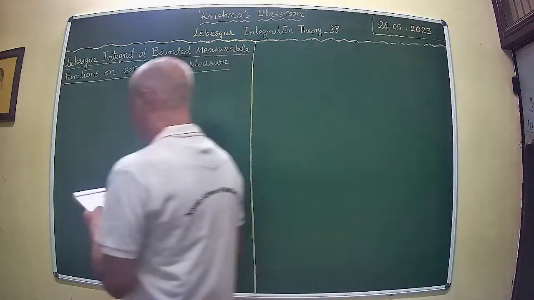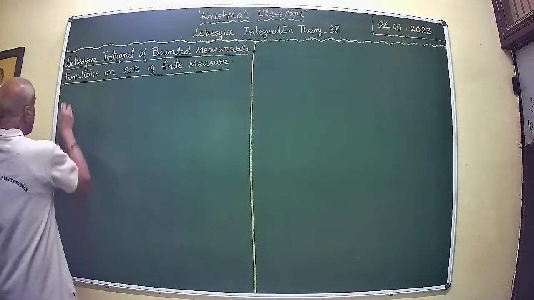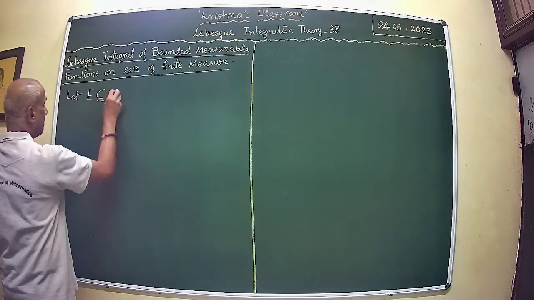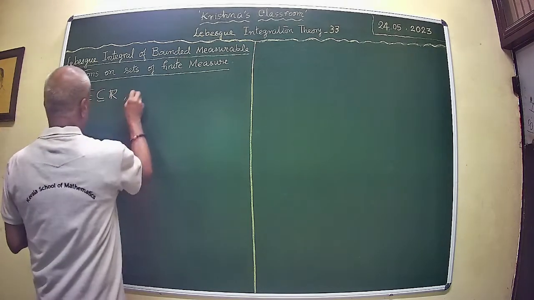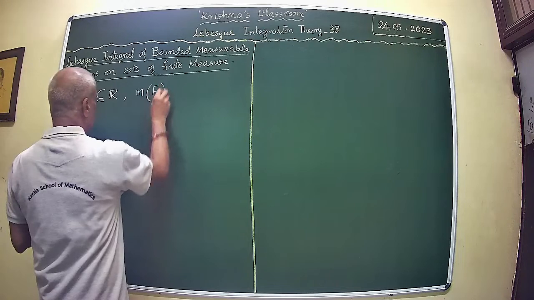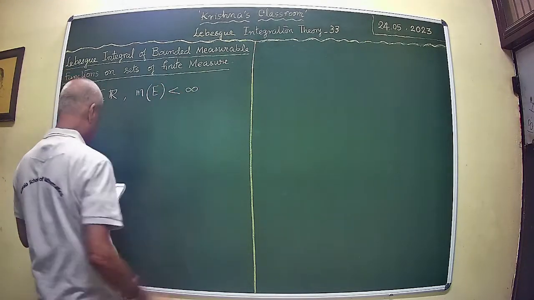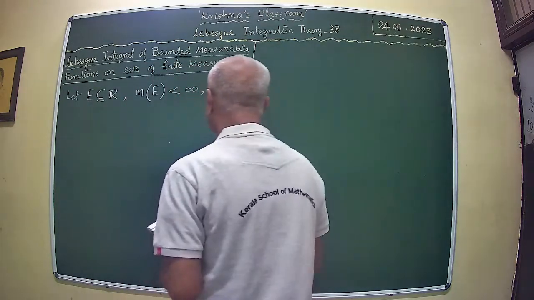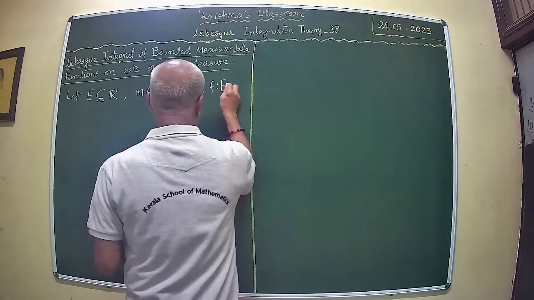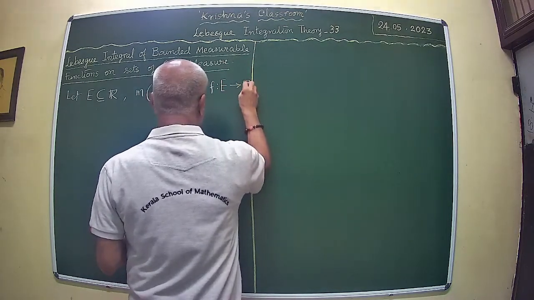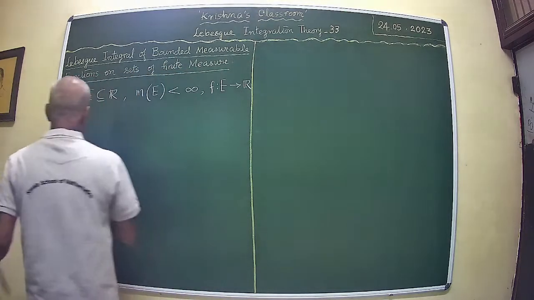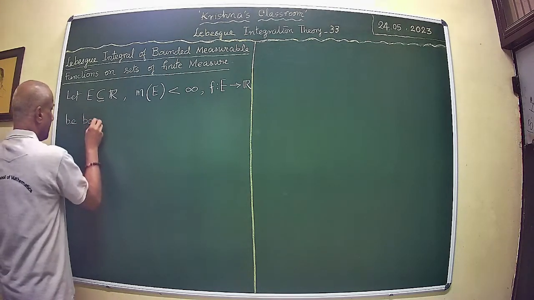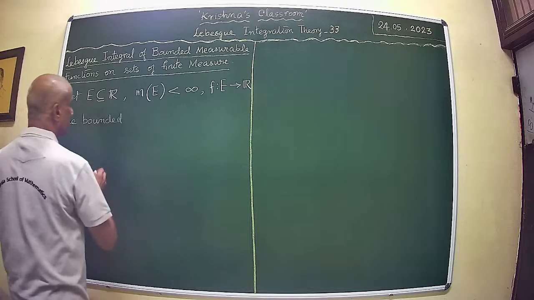So let us assume the following, and fix the notation. Let E be a subset of the real line. Then the measure of E is assumed to be finite, and f is the generic notation that we use, f from E to R, bounded and measurable.